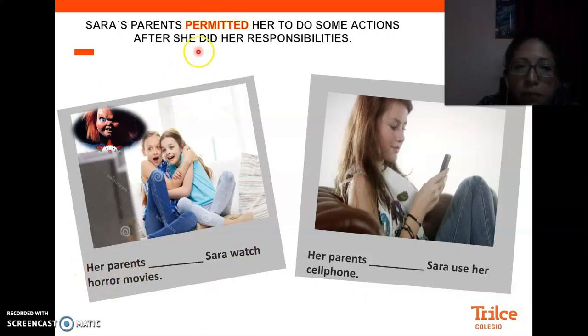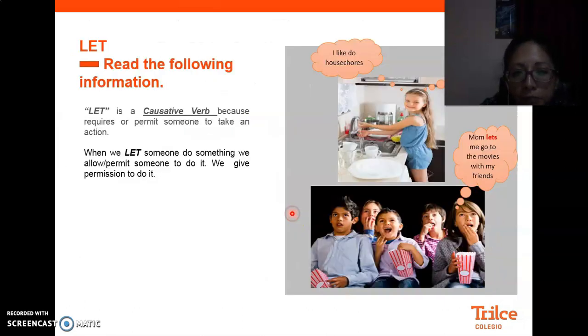Her parents permitted or let Sarah watch horror movies. Her parents permitted or let Sarah use her cell phone. Let is another causative verb.